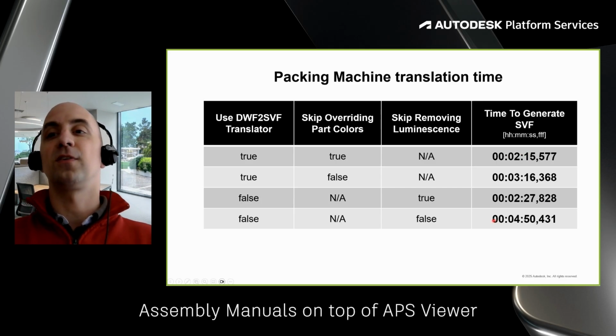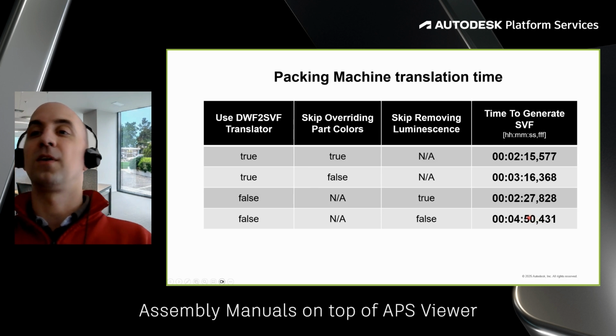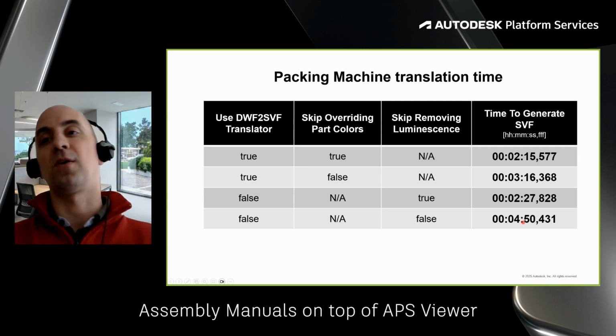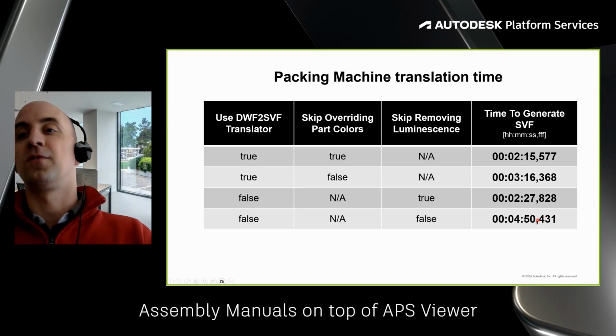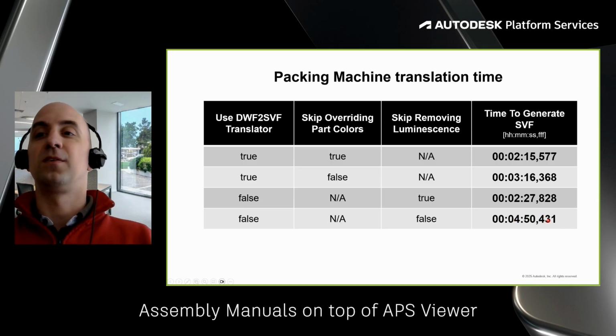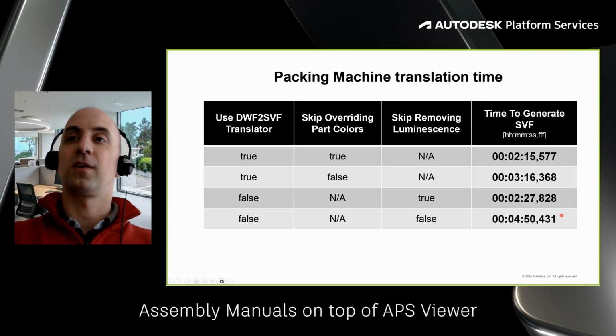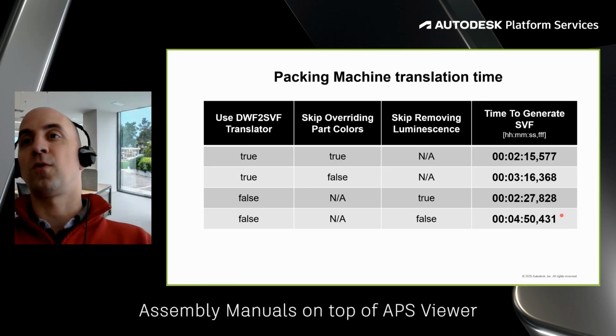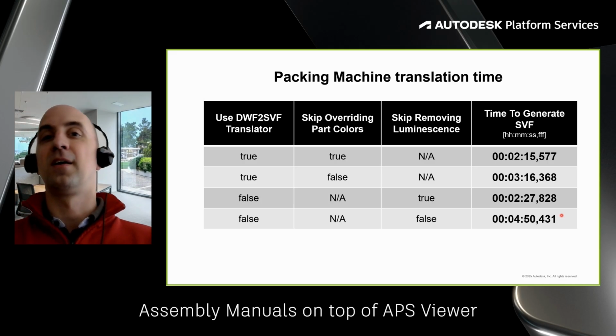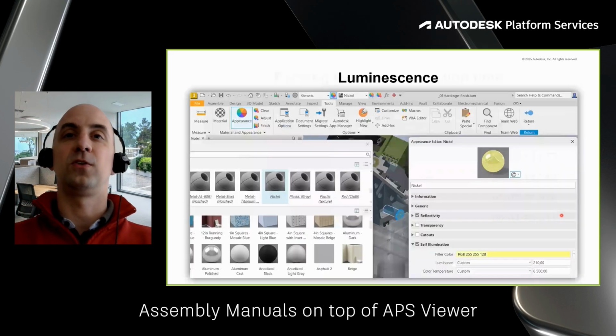But again, even in this case, the highest time here is what you might choose, as there were some luminescent parts in there too. They were very small. So always check with the provider of the input data if they use this luminescence feature.